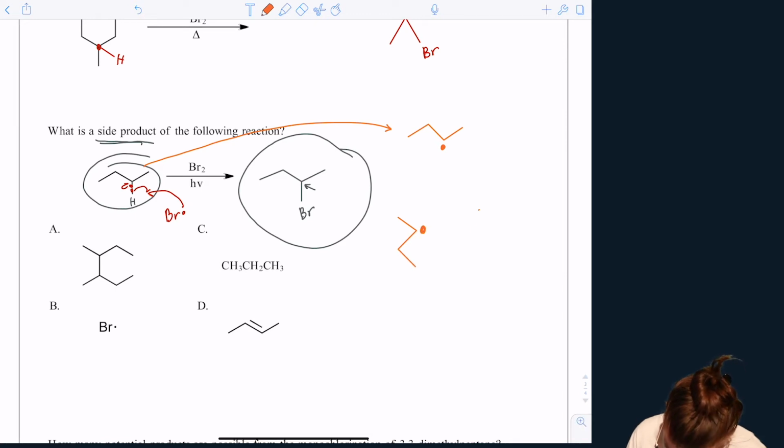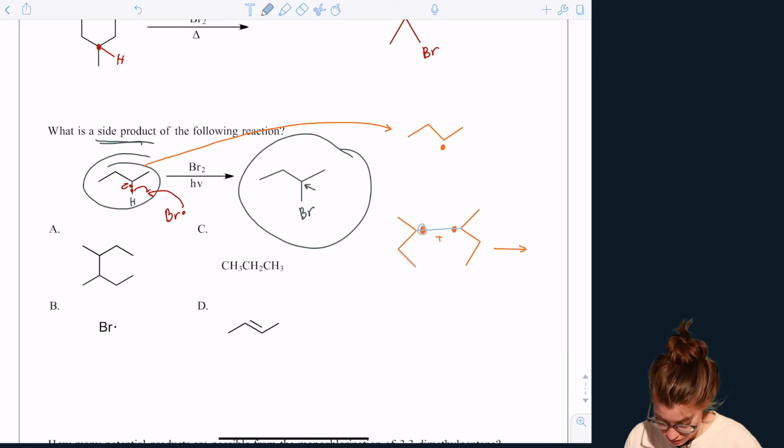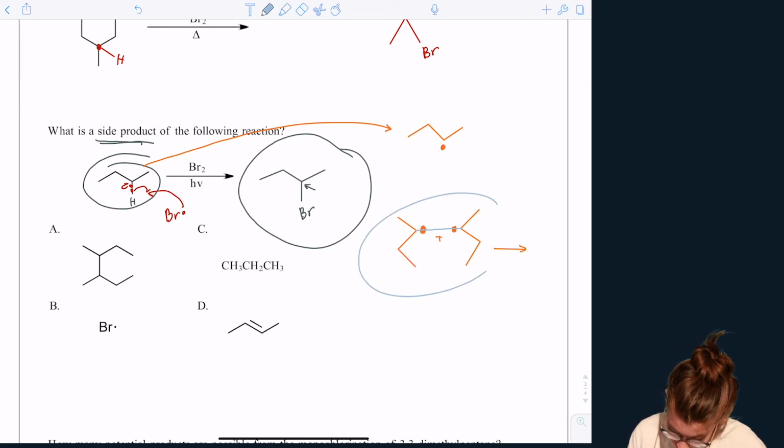There's one of those radicals and this. Okay, so this radical plus this radical can lead to, well, basically, we're just going to form a bond right there, where these two electrons are going to be in that bond. And so my product is going to look exactly like this, but with that bond there.